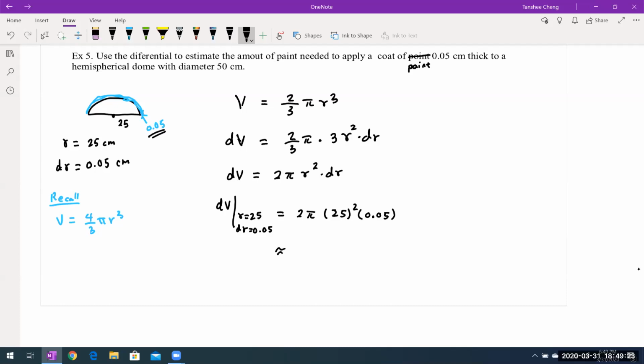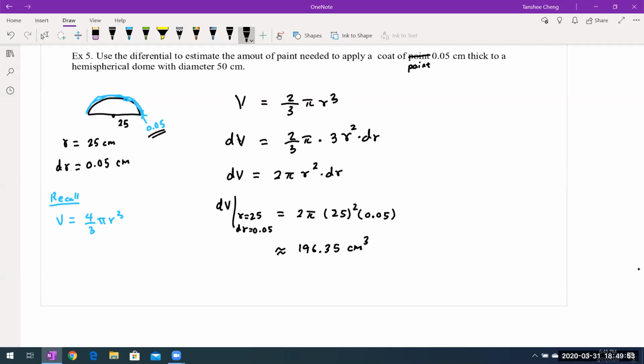So approximately, if we use a calculator, this will give me approximately 196.35 centimeter cubed. So now we found out the volume that is needed to have one coat of the paint with the thickness of 0.05.